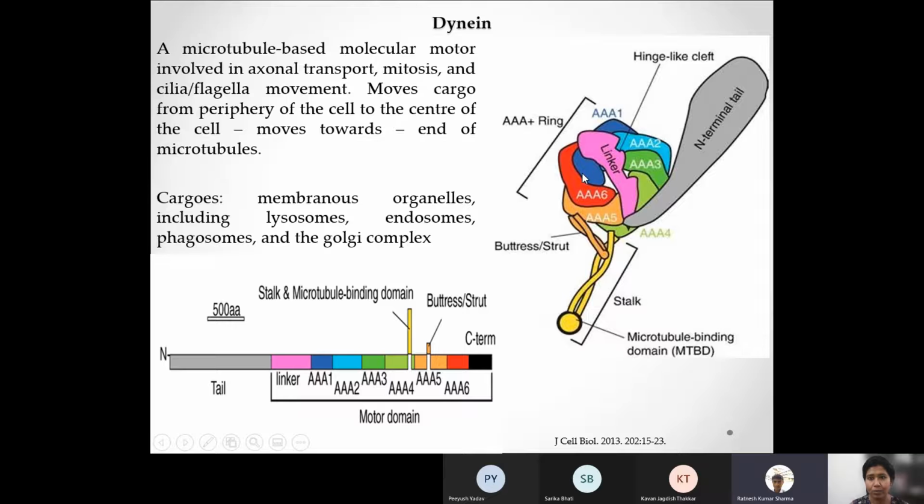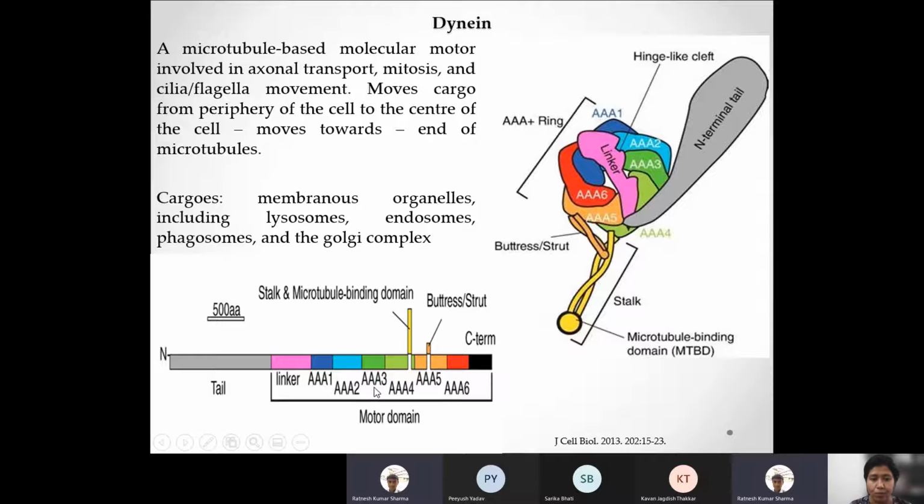What I would also like to emphasize is that this AAA1 domain is almost diametrically opposite to the point where you have the microtubule binding domain. So if this is the ring, and here you have the microtubule binding domain, then the AAA1 is here, and the microtubule binding domain is at the end of the stalk.